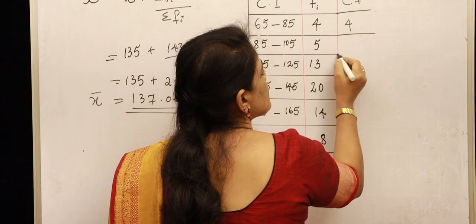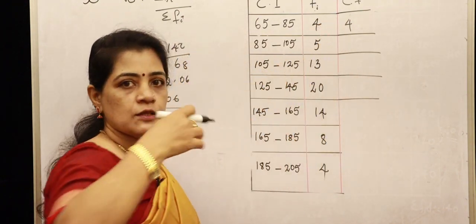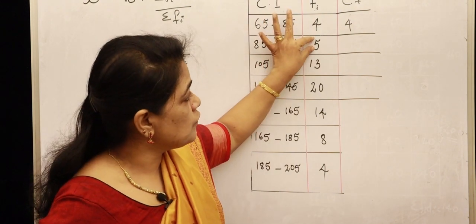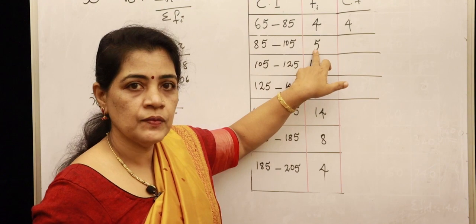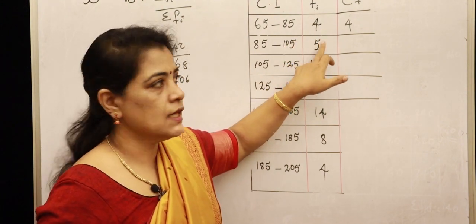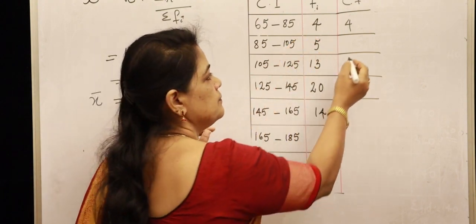For the second class interval, as per the definition, you add the frequencies of the first 2. That is 5 plus the previous frequency 4, that is 9.